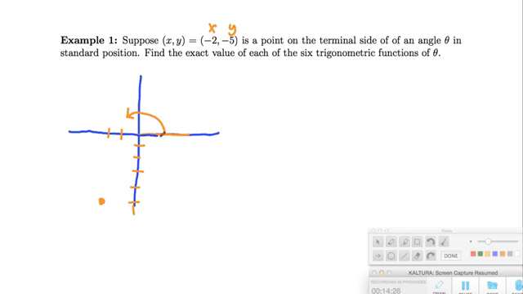So we imagine the radius starting here, rotating around until it stops at this point. So the angle theta actually looks like this.